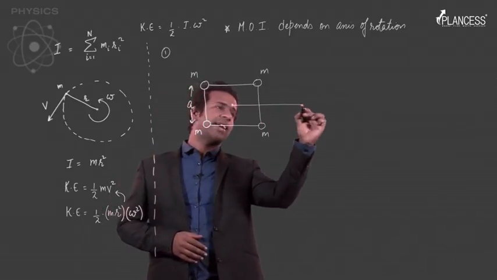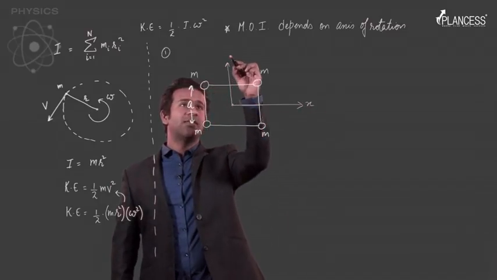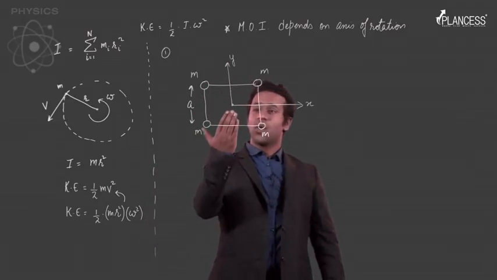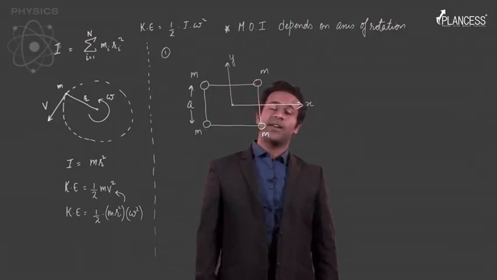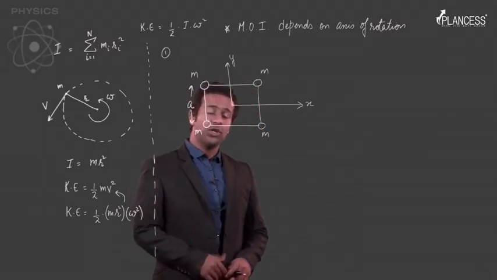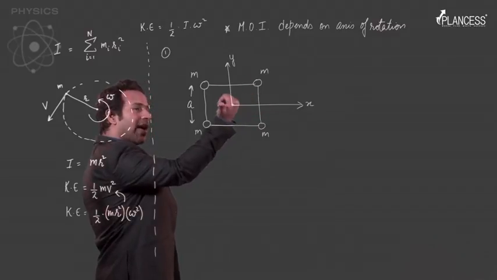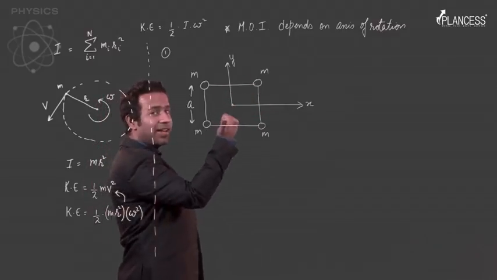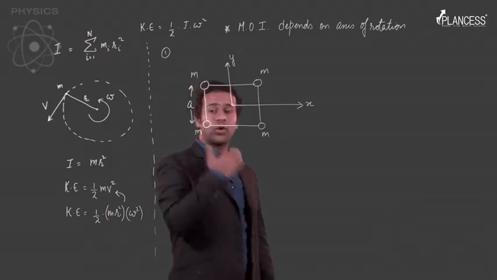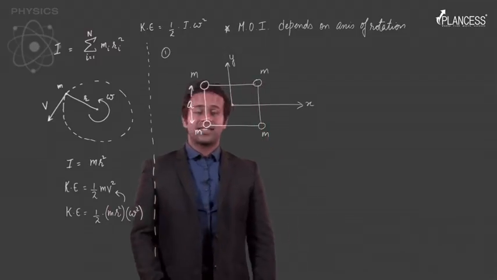If I draw the coordinate axis, this is the x-axis, this is the y-axis, and the z-axis is the axis which is coming out of the plane or into the plane of this board. Now, if you use the right-hand rule, you can see that x cross y gives you z. So the positive z is pointing away from me towards you, that is out of the screen. So these are the respective axes.